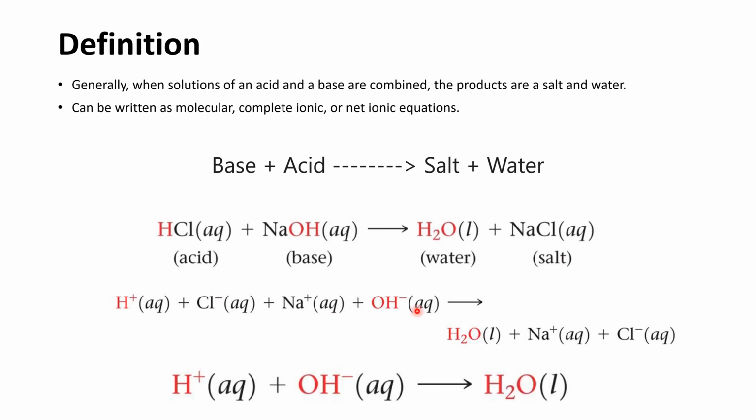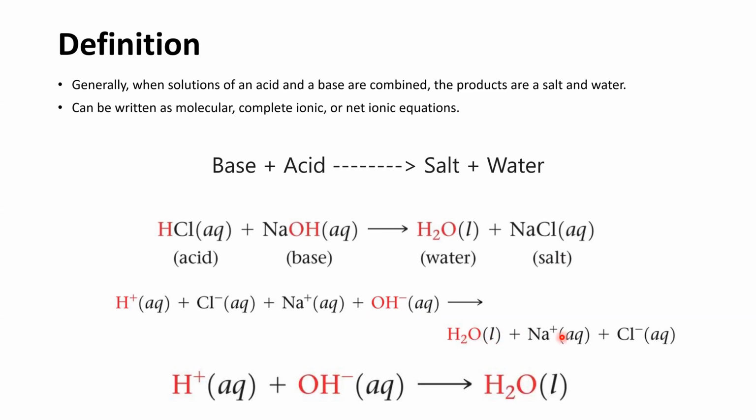Here, this OH is combining with this hydrogen to give you the water molecule. We write water as such, because it is the liquid present in this reaction system, and whenever there is a hydroxyl and H positive, they straightaway form the neutral molecule, which is water.